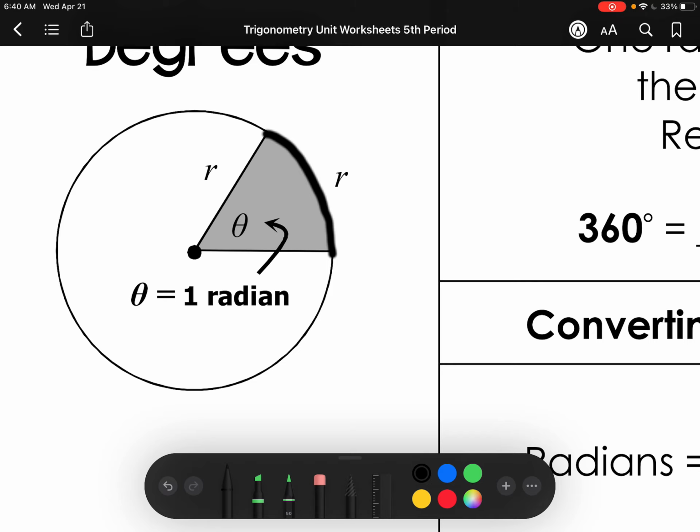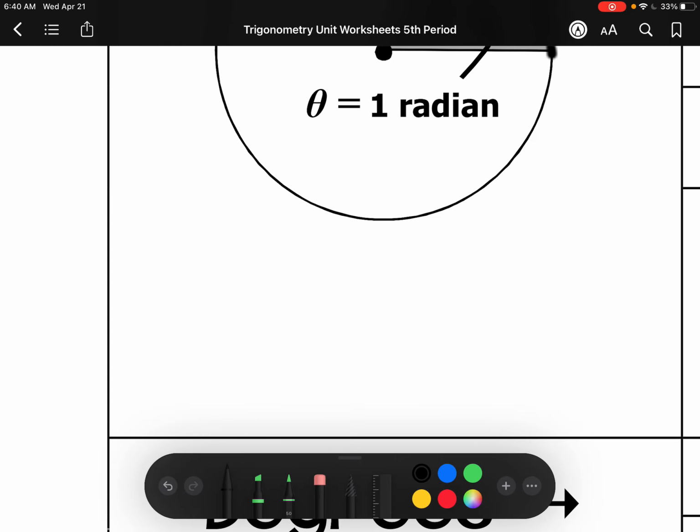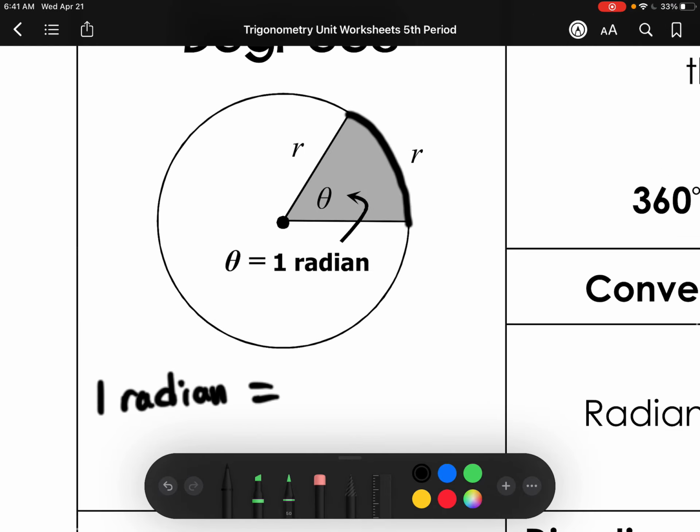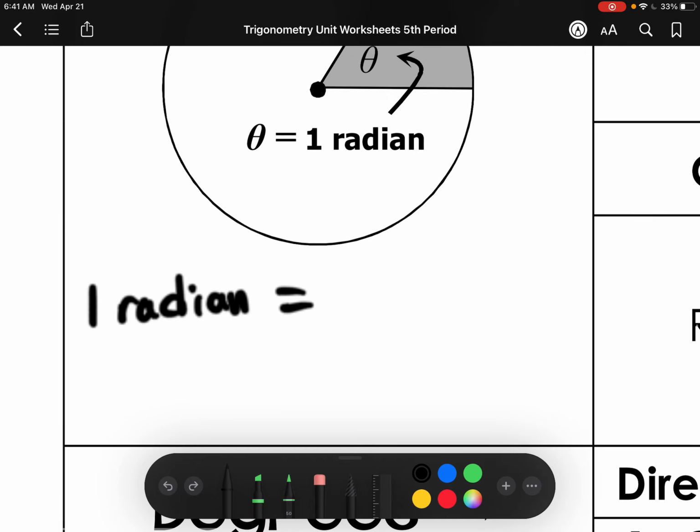So one radian is equal to the same length as the radius, right? If the length of this arc is the same as your radius, then that is 1 radian. So 1 radian is the same as the radius of your circle.